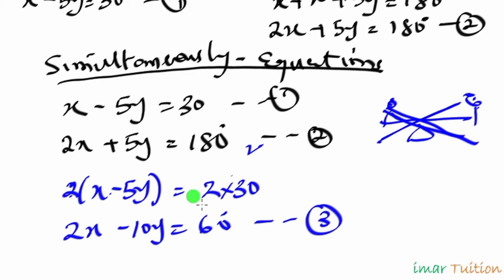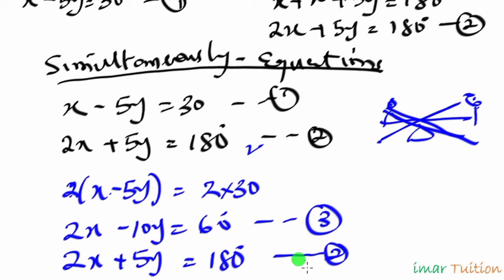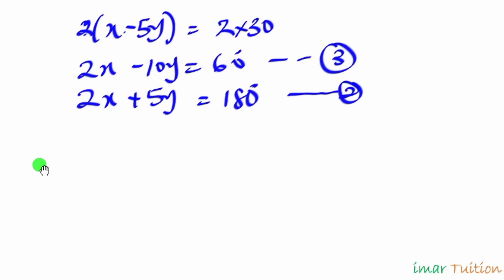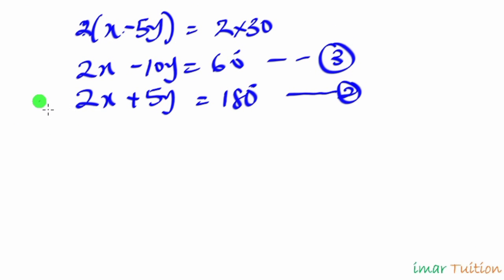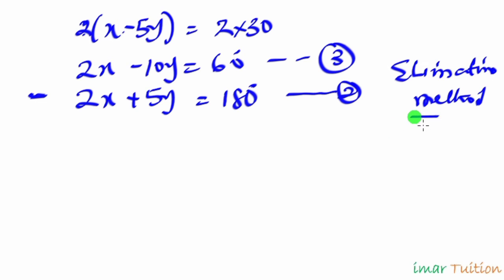This equation here, 2x plus 5y equal to 180 degrees, is still our equation 2. So now we'll subtract this equation from the other equation using what we call the elimination method of solving simultaneous equations.